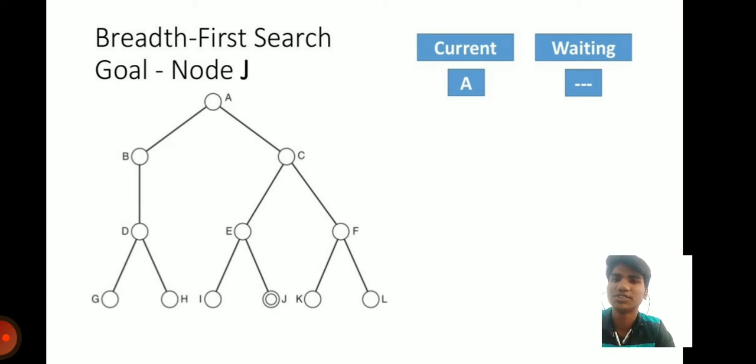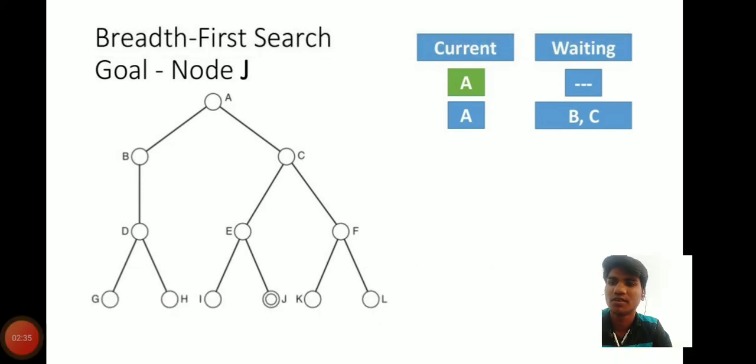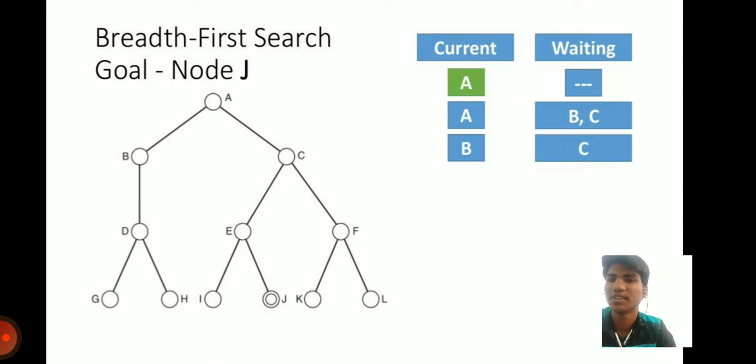So we start with main node A, and here our goal node is J. So we start with searching A. So current state is A. When we are coming to A, 2 directions are there, B and C. So in breadth first search, first it will go to the left node, B. So B will be the current state, and C will be remaining.